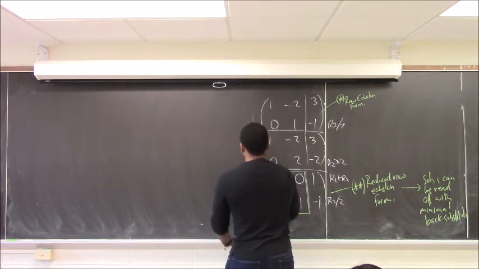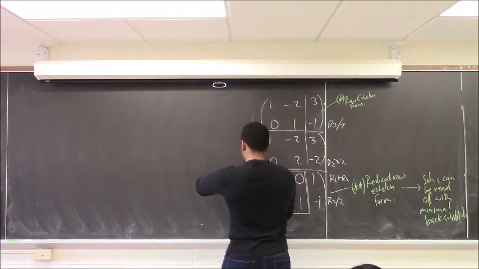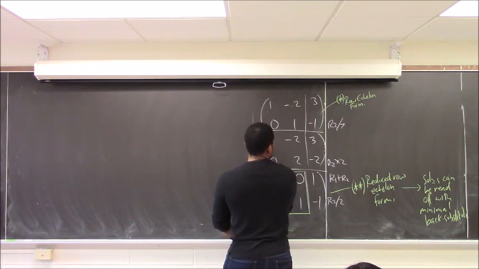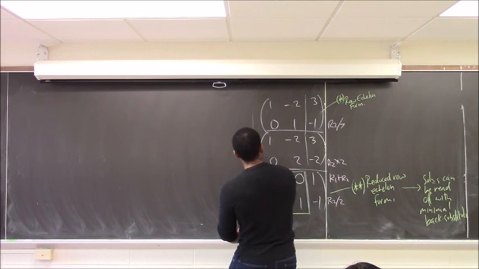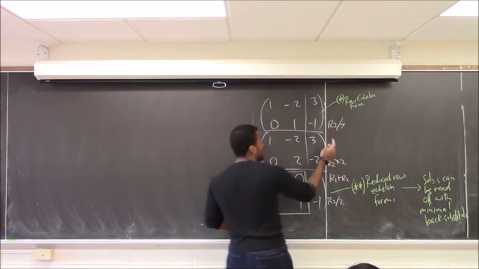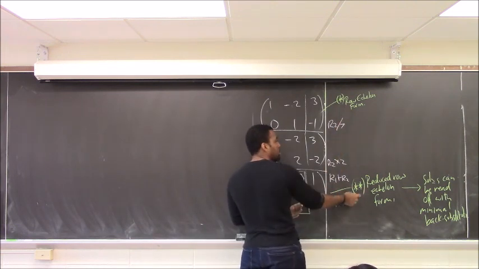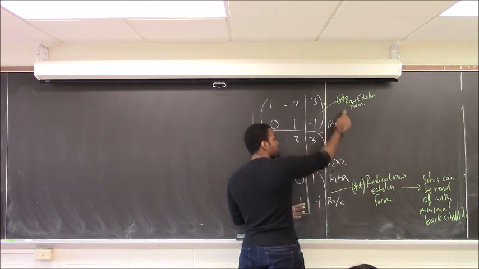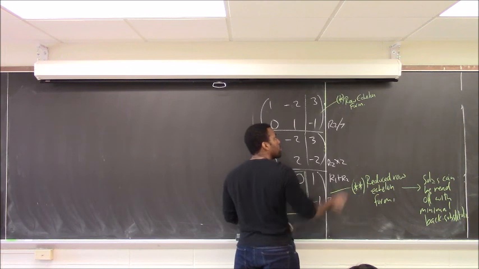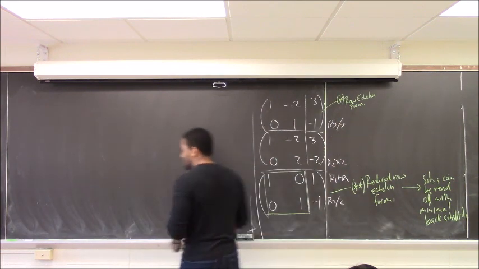Now, let's actually put a name to some of these things. About 10 minutes left. There are a bunch of definitions I want to give you, but since I already wrote it down on the board, let's talk about these two situations here. What does it actually mean to be in a convenient form, like a row echelon or a reduced row echelon?